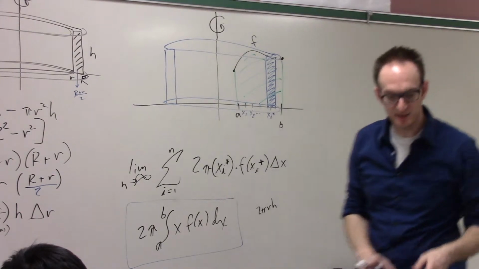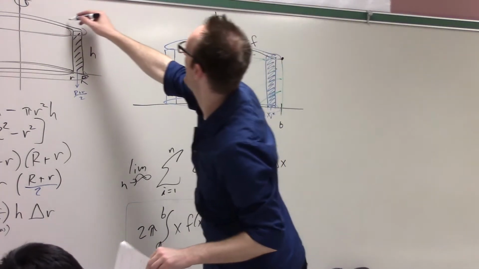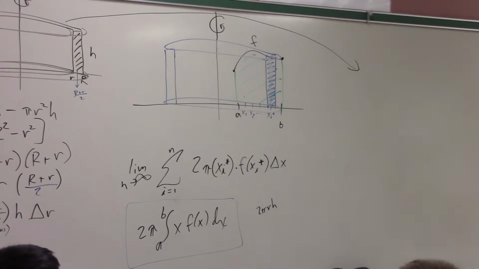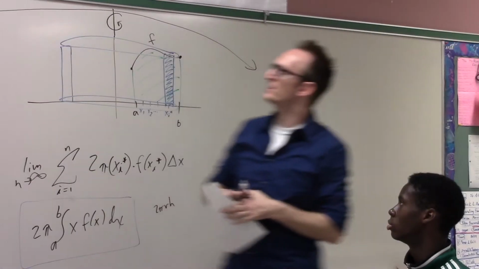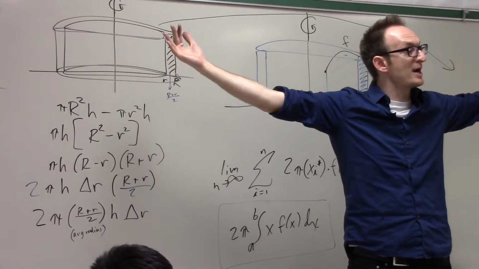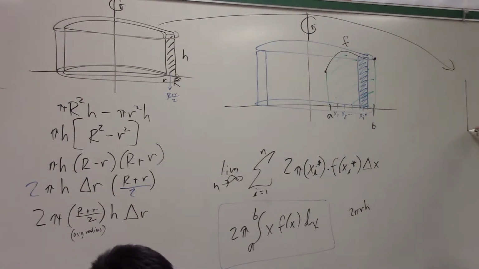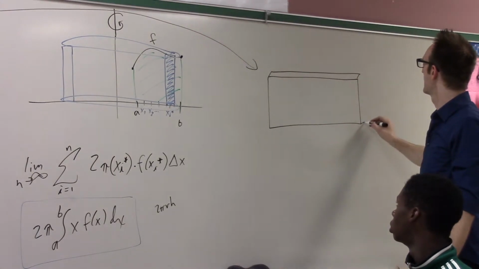In fact, the cool thing to do is to take this shell, cut it, unfold the city wall and spread it out. What shape is formed? Yeah, a rectangle.